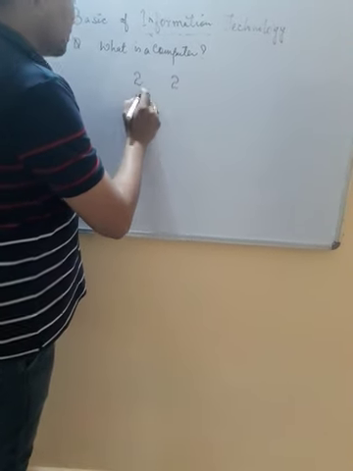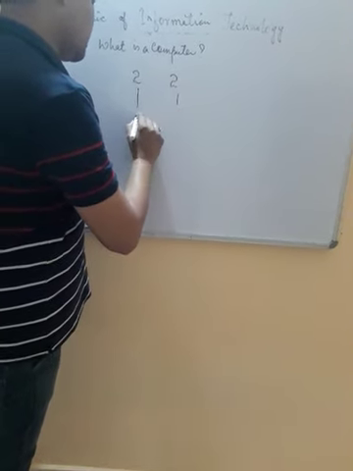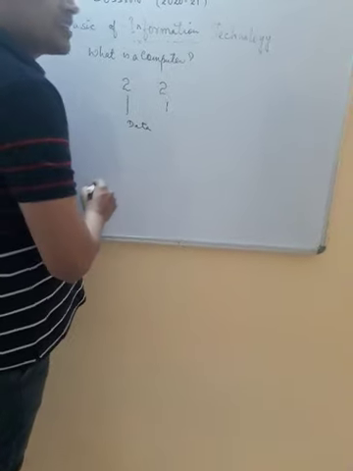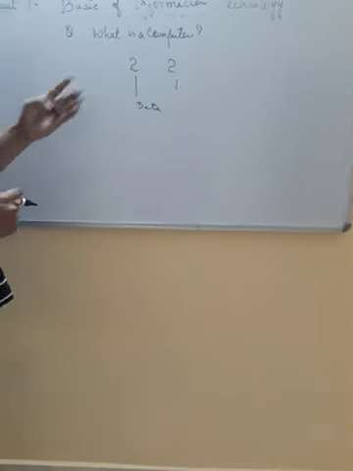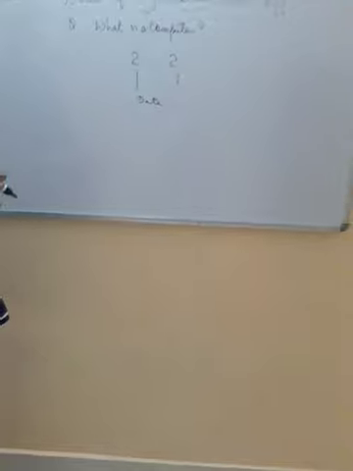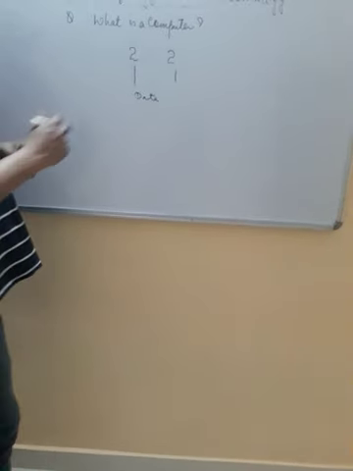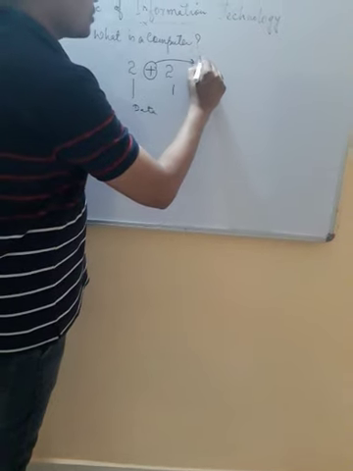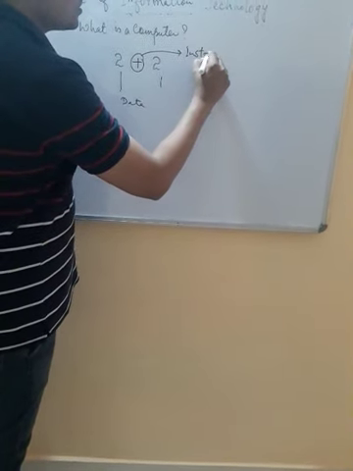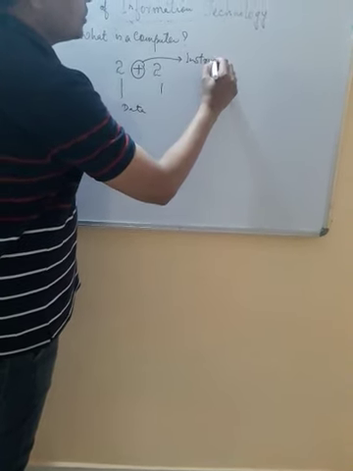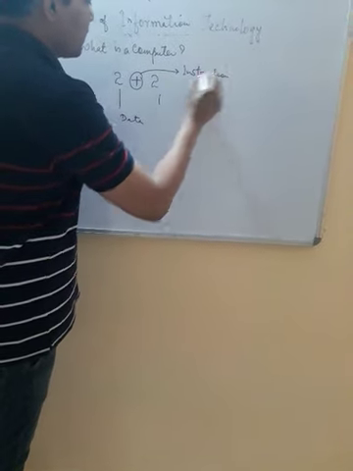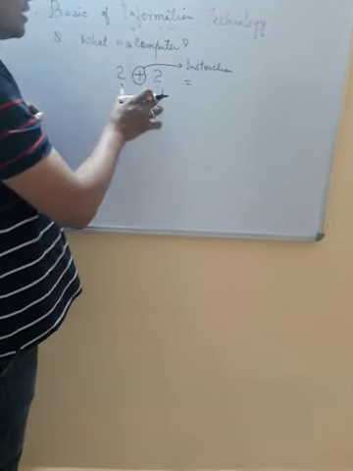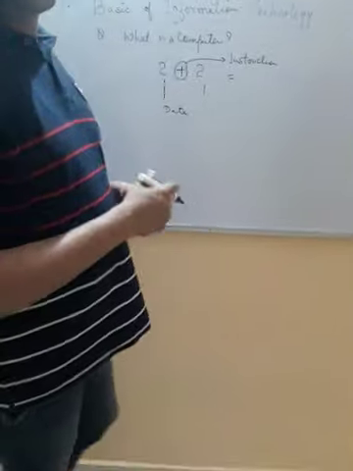These are the data. But if you want to know the addition of 2 and 2, then the plus sign is the instruction. Without the instruction, the raw fact is useless.